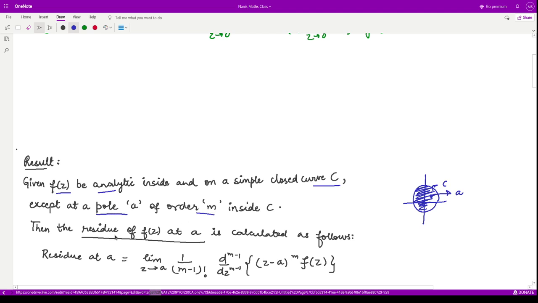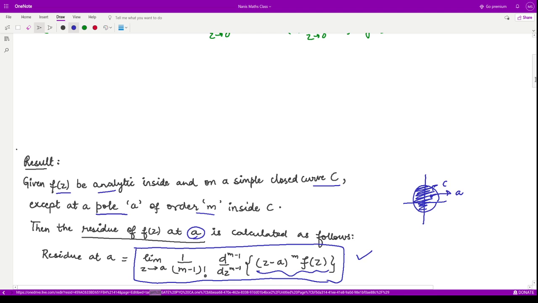In that case we can calculate the residue of the function f of z at the point A using this formula. Limit z goes to A, and A is the given pole, and if m is the order, we have to divide by m minus 1 factorial and then take the m minus 1th derivative of this thing.